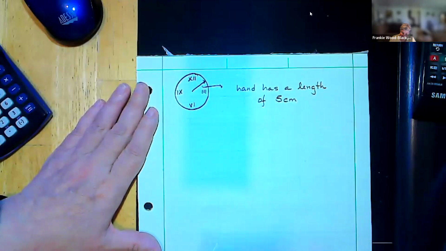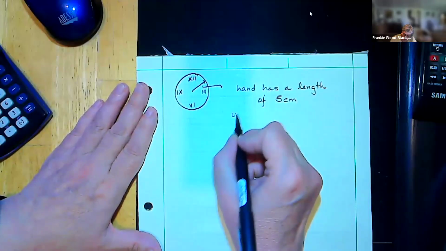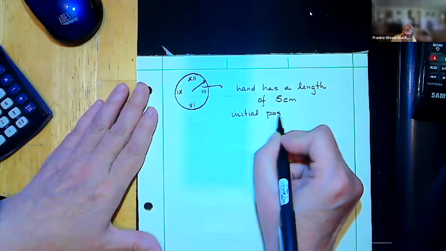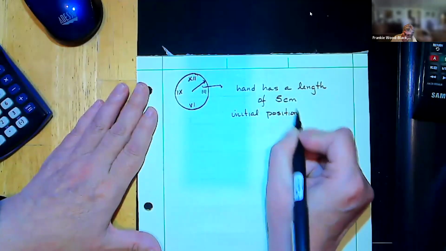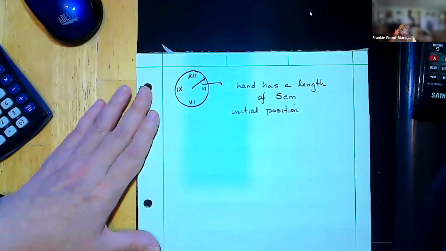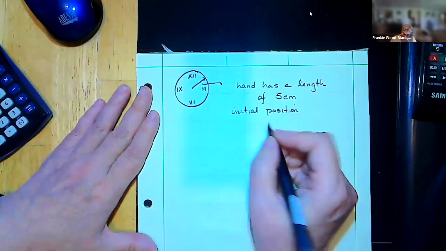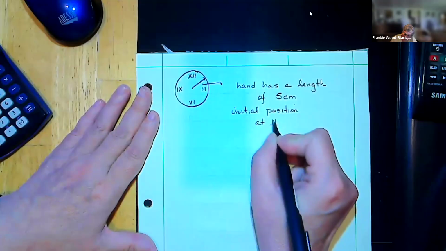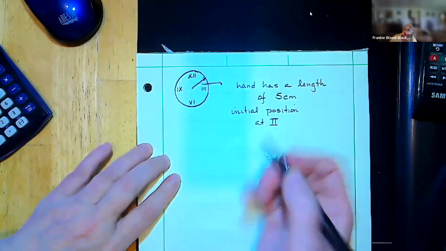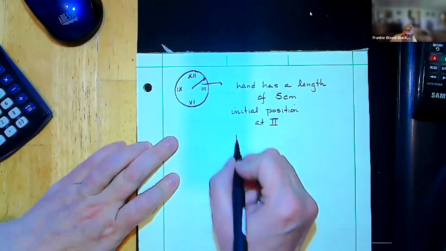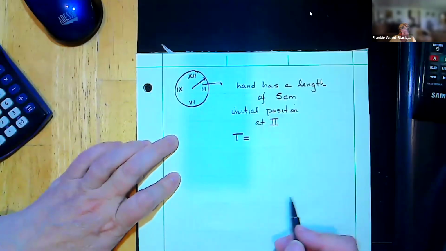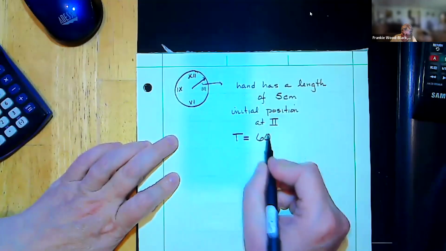Okay. Its initial position, we're going to make it a little easier on ourselves, is at 2. We're going to say is at 2. And the period for this, we're going to use the minute hand, is 60 minutes.